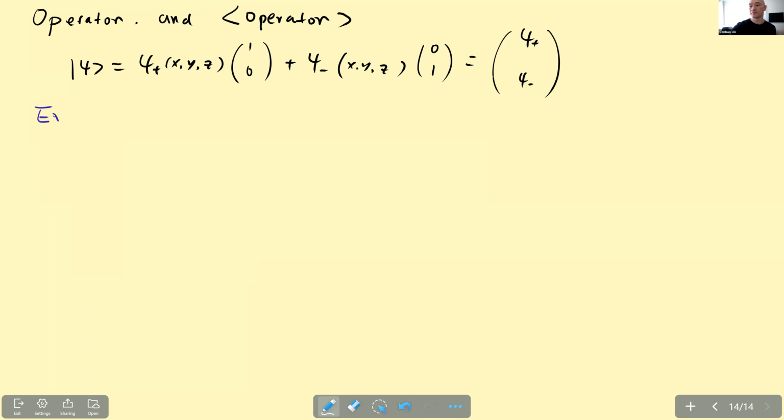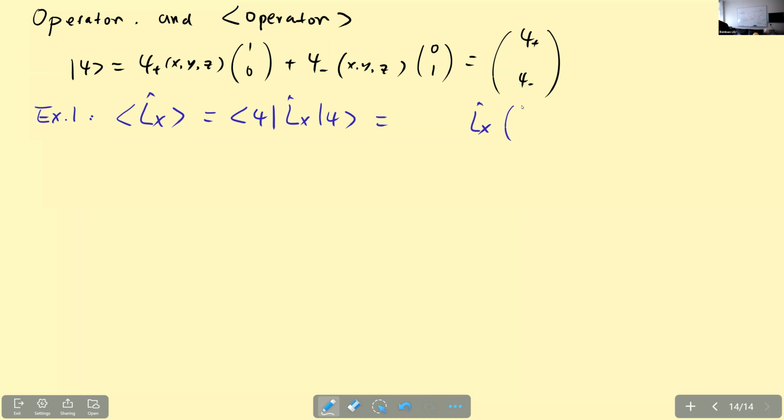Right. Let's look at, for example, the expectation value of the orbital angular momentum. That's an orbital state. Right. So this one, of course, equals psi dagger L_x psi. So let me write down this first. This is L_x, and this will be psi_+, this is psi_-, the Hermitian conjugate, you take the transpose first, and then take the complex conjugate.